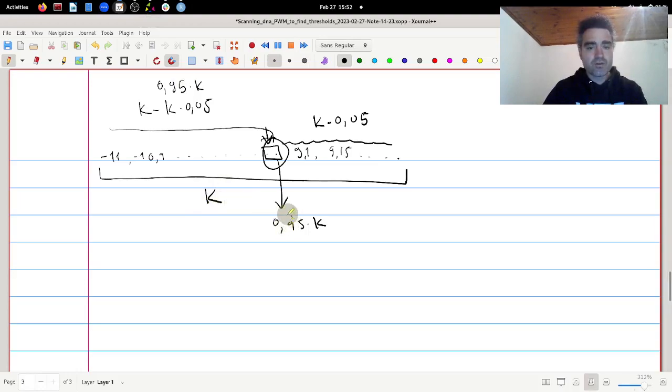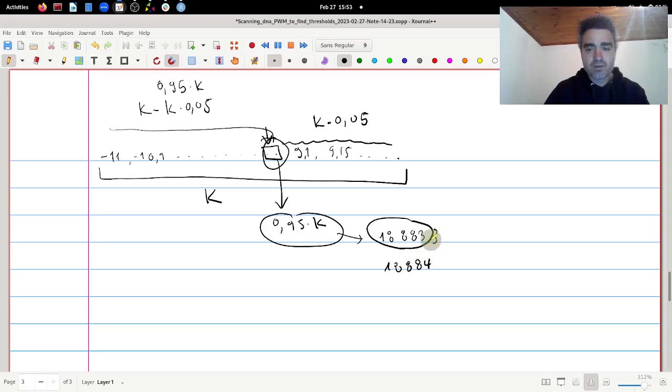So if this 0.95k will be a number, and let's say that this number is something like 1880.83, I'm going to be a bit more strict and say, okay, my threshold will not be the 1880.83, but will be the 1880.84, because I have this 0.3 here. So I go one index to the right. I go to the next position actually.